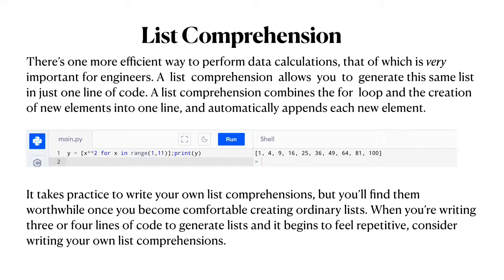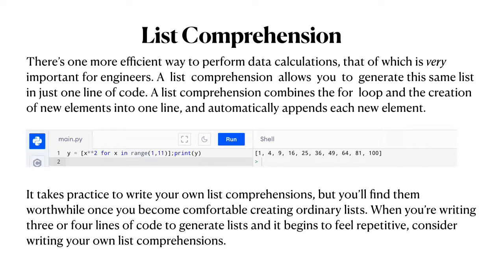A list comprehension allows you to generate this same list in just one line of code. A list comprehension combines the for loop and the creation of new elements into one line and automatically appends each new element. So, if you look at the shell part, the output is the same as in the previous slide, right? 1, 4, 9, 100.